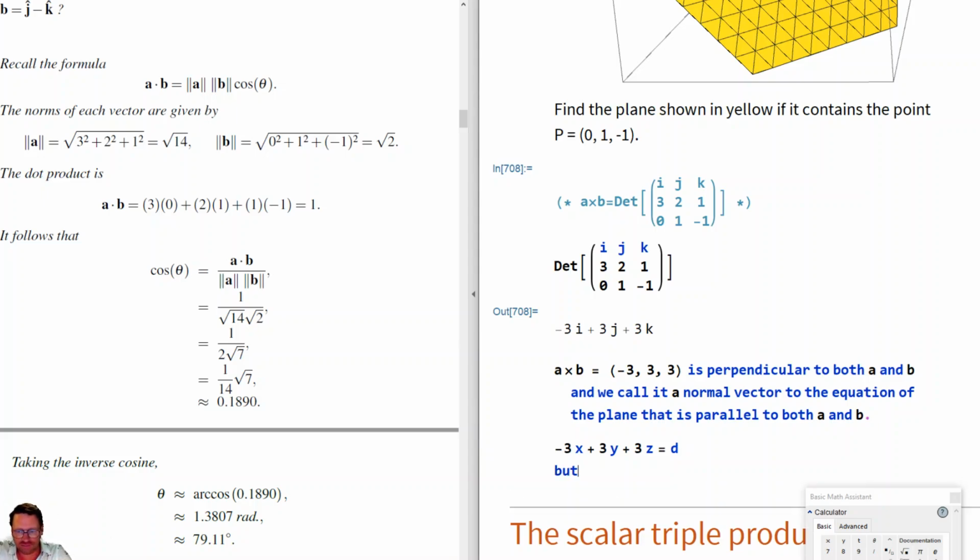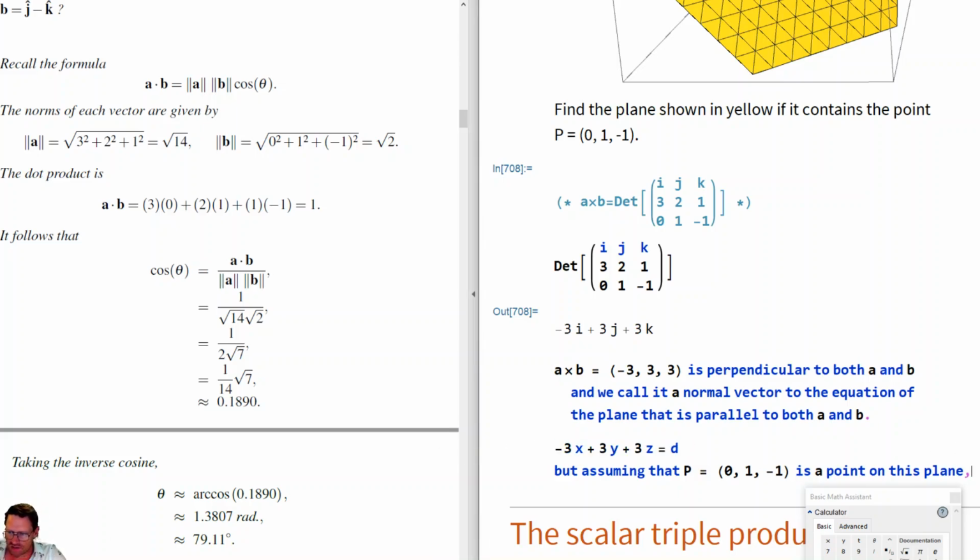Okay, but assuming that we have a point, so 0, 1, minus 1 is a point on this plane, then it satisfies the equation, right? So x equals 0, y equals 1, and z equals minus 1 satisfies the equation.